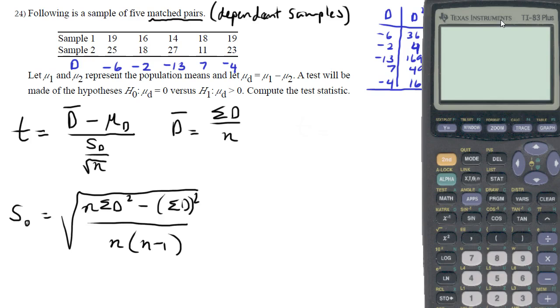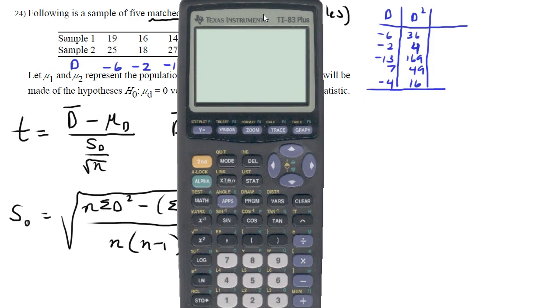I could do it by hand, but why not just use this calculator here. -6 plus -2 plus -13 plus 7 plus -4 is -18.